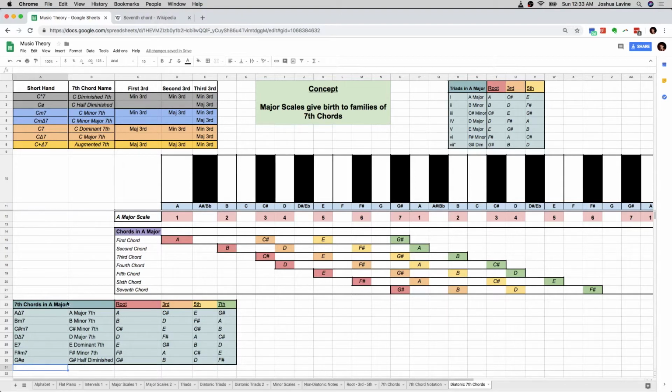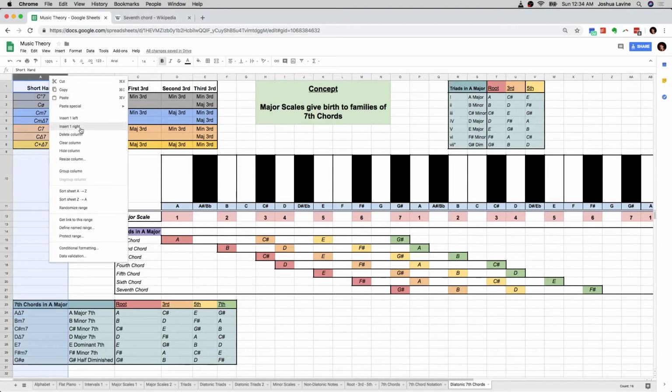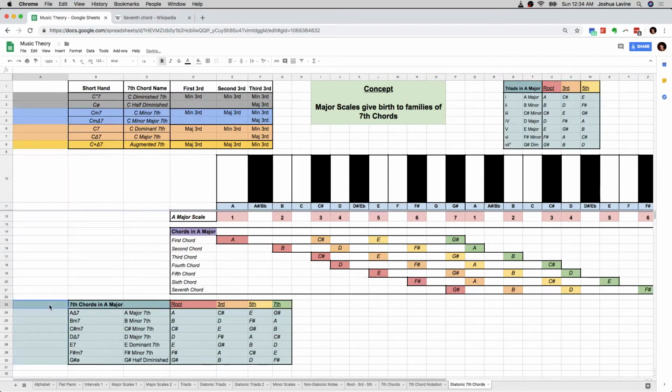Now you know what I'm about to say, which is because music is a formula, every major scale is going to have this exact same sequence of major, minor, minor, major, dominant, minor, half diminished 7th chords in it. And so let's just go ahead and lock that in. So general case.